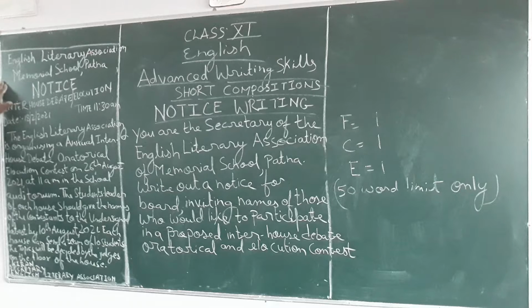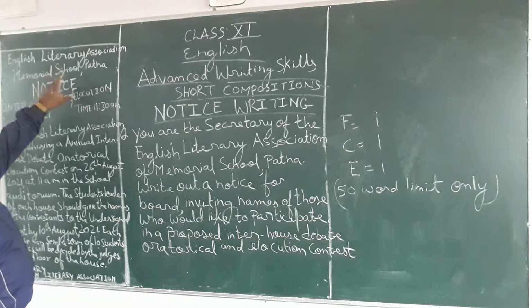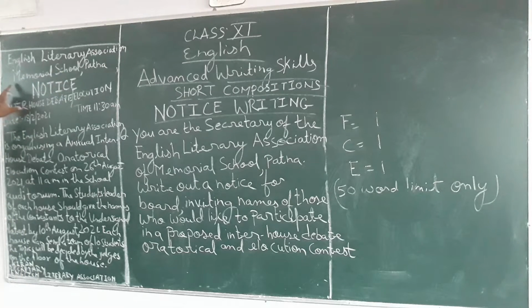If the name is mentioned, only that name will be mentioned. Now this is given in the question. You are drafting a notice. Draft a big rectangular box or a big square box. At the top, what is your department? English Literary Association. Now the school's name is also mentioned in the question.